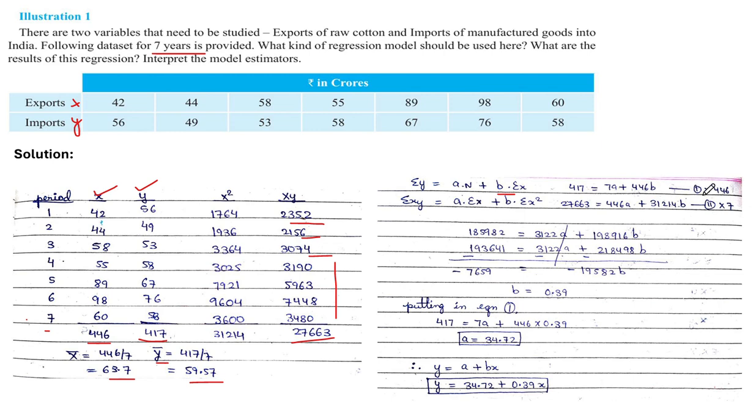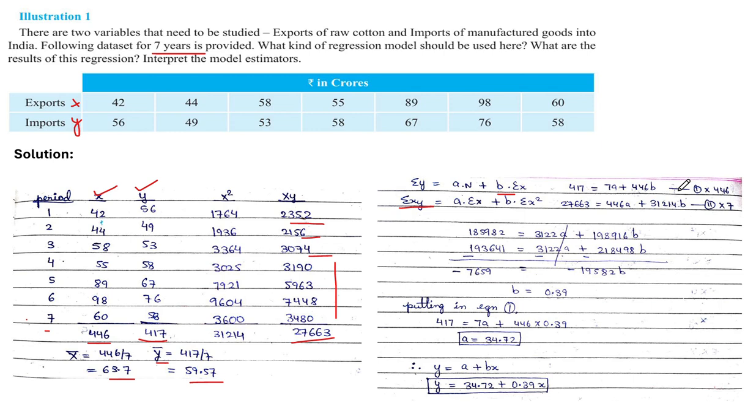This is the first equation. And the second equation is sigma xy is equal to a into sigma x plus b into sigma x square. Now we will put the numbers in this equation. So here we get equation 1 and equation 2.